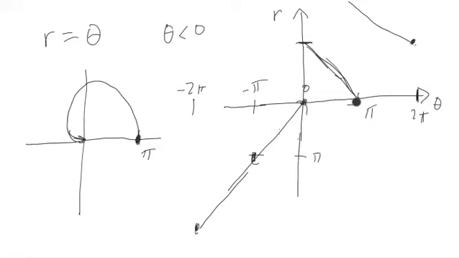And then as we look from pi to 2 pi, so from here to here, let's see, at 2 pi, we're actually at pi again. But then as we go to negative pi going this way, let's see what happens.